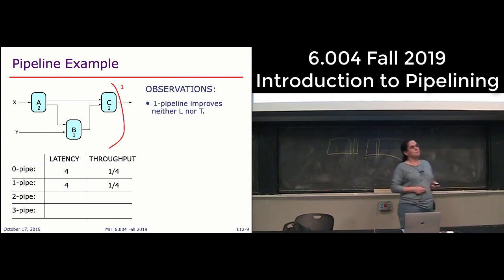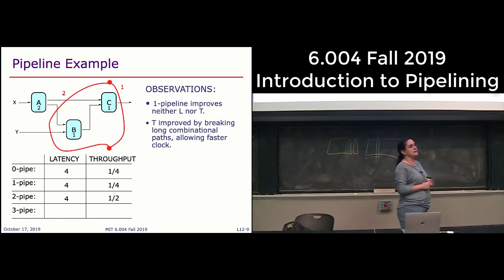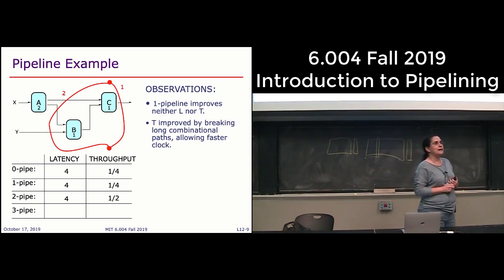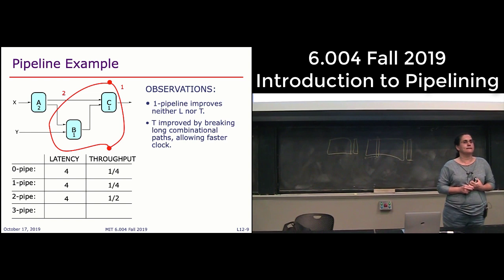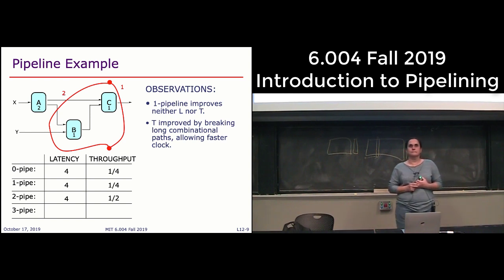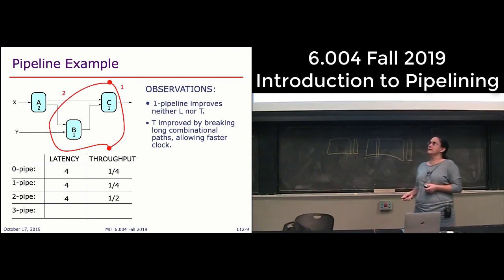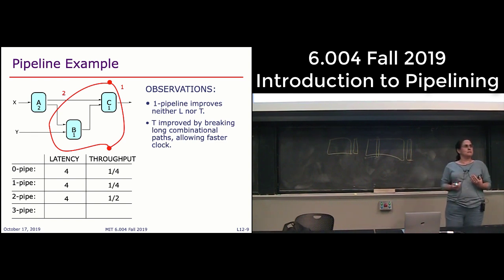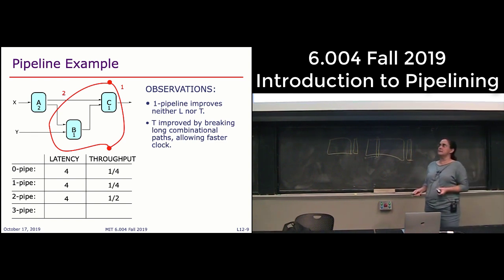All right, so now suppose that I want to add another contour here. And let's say that I draw this contour here. So now what happens? Has my clock period changed by adding the second pipeline stage? It has, because now within every pipeline stage, my longest path is just 2 time units, right?